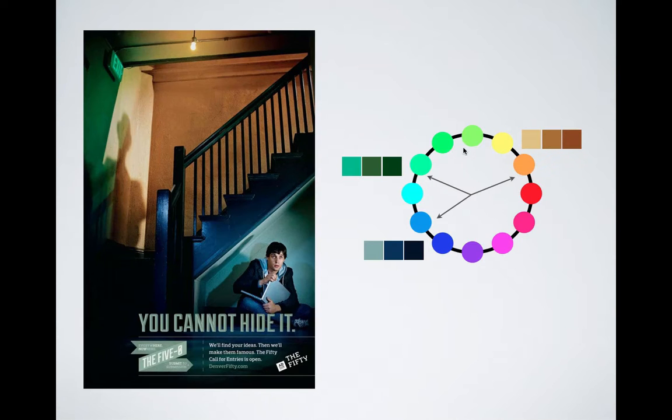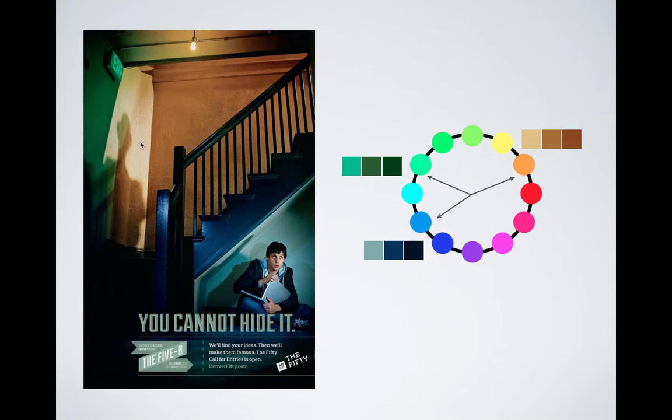If you look at the textbook models of split complementary, these would be exactly the same distance apart, and this would be exactly directly across. There's a little bit of flexibility in there. The only thing you want to watch for is that if these colors get too far apart, then you're moving more towards a triadic color area.